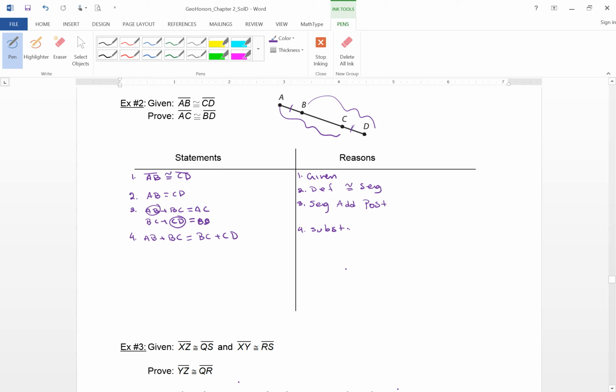So now we can say, since these are equal to each other, then so is AC and BD, right? So number 5, AC equals BD, substitution again. And number 6, segment AC is congruent to segment BD. And this is the definition of congruent segments. Okay, so now we're done.